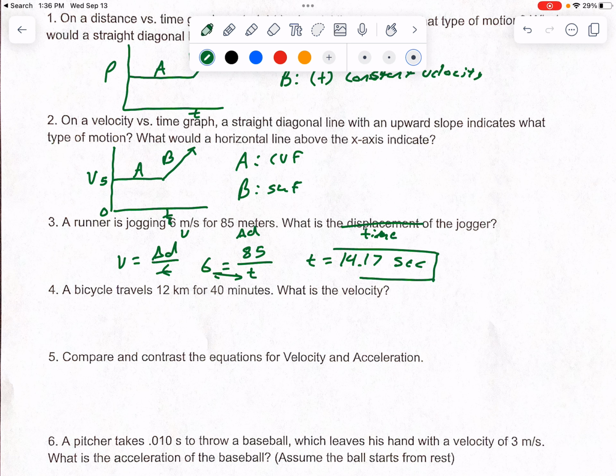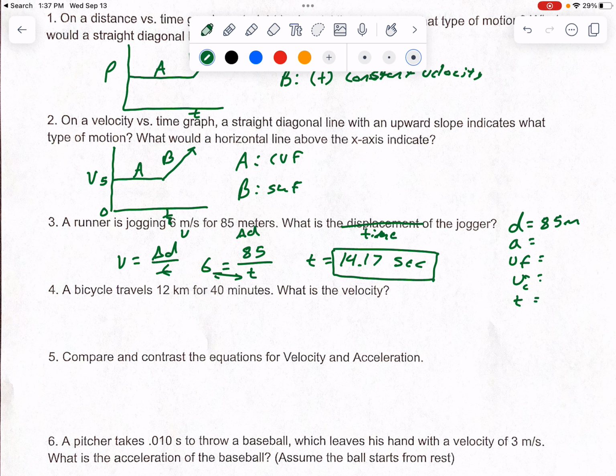Now, in this unit, I know we've been going over Daffy T. So if you're setting up every single problem like Daffy T, you can do that if you want to. Like if you tried on this one, let's just say you did. Distance would be 85 meters. The runner's jogging 6 meters per second, so you don't even know if that's initial or final.